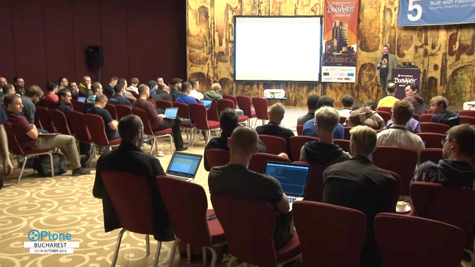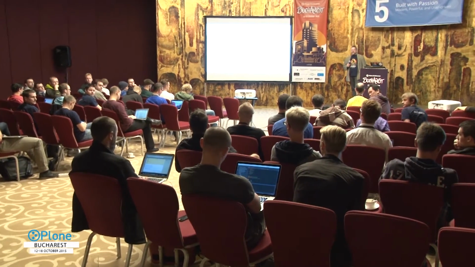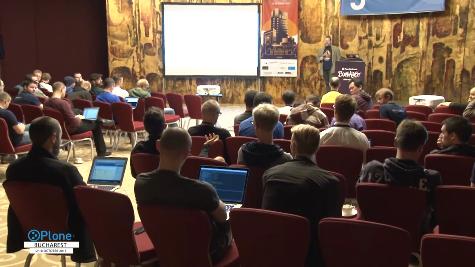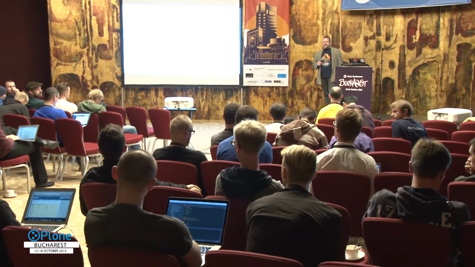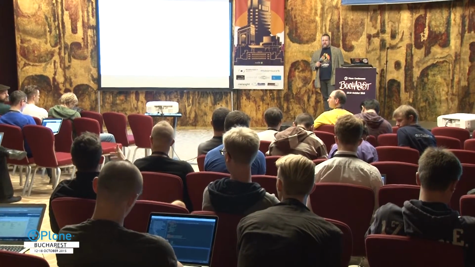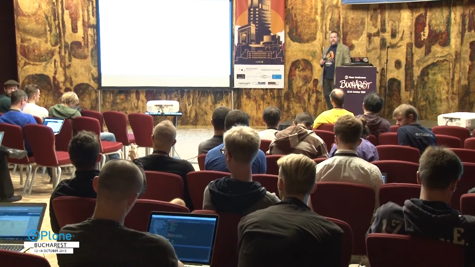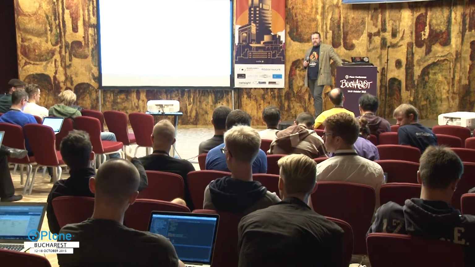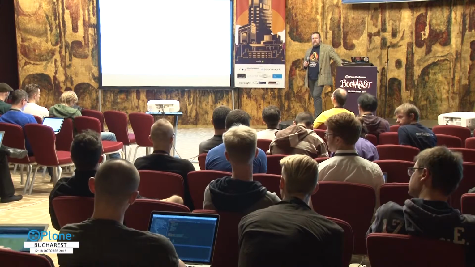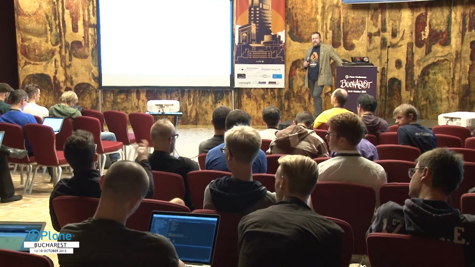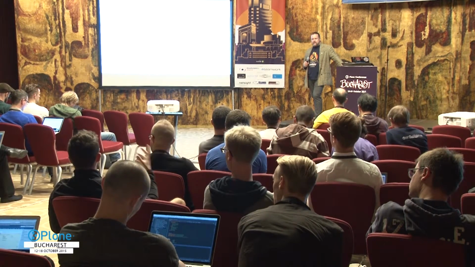Just another note about Matt's idea: why can't we do the same with ZODB? I've watched this talk, not exactly this one, last year and the year before, and there is always new information. And now I think I got the big picture.